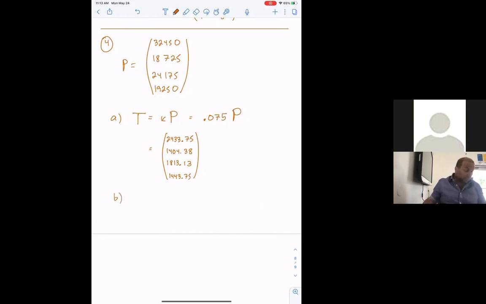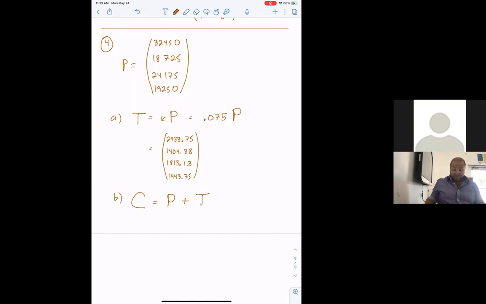B, the matrix capital C represents the cost of each car, including tax. Write a matrix equation that describes C in terms of P. So there's a few ways you can do this. You can either say, ooh, this is just the original purchase price plus the tax, and that's mathematically correct.